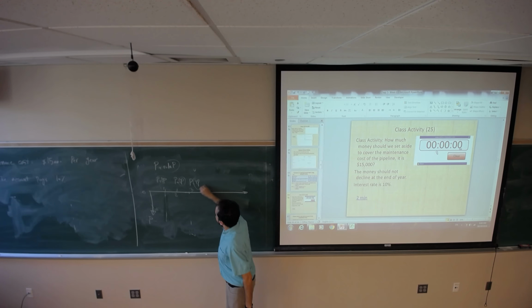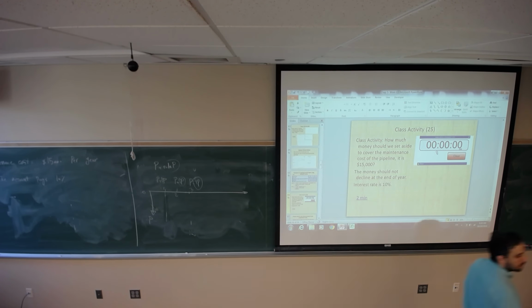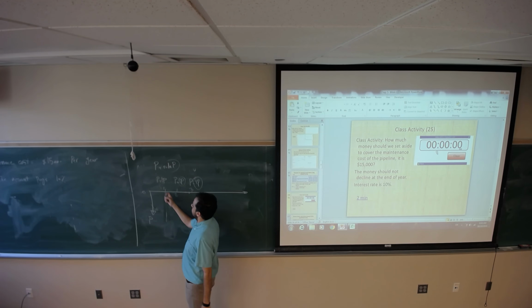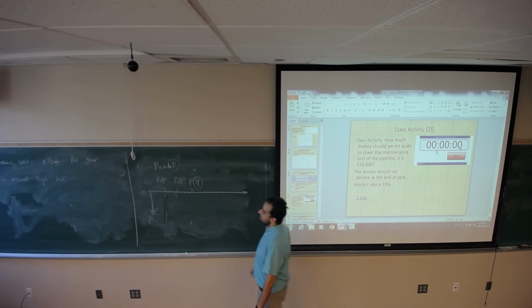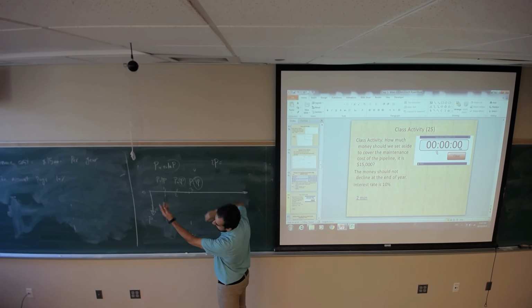Every year you just spend I times P. Does it make sense? Basically you don't decline the money. At the end of each year you can withdraw this IP. So how much should it be? IP, you want to have $15,000.